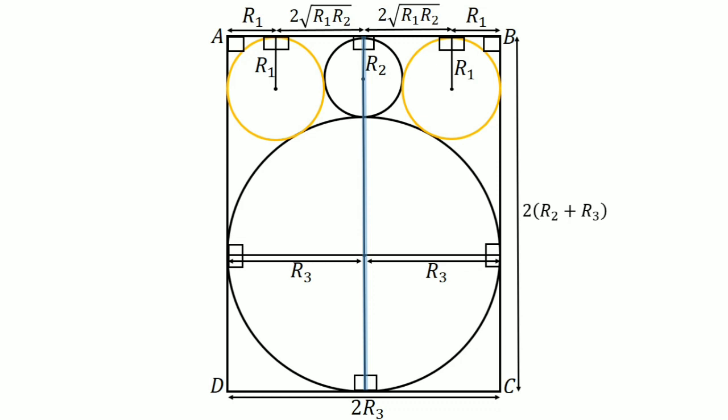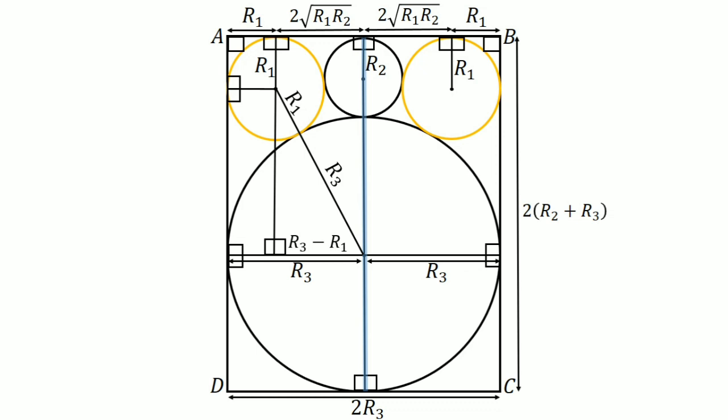Now drop the perpendicular from the left topmost yellow circle to the radius of the bigger circle, and join the centers of the yellow and bigger circle, and by our result, this is a straight line that passes through the tangential point. So the radius of the smaller yellow circle is R1 and the radius of the bigger circle is R3, and our base is R3 minus R1.